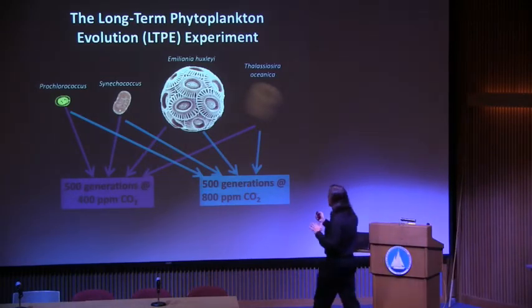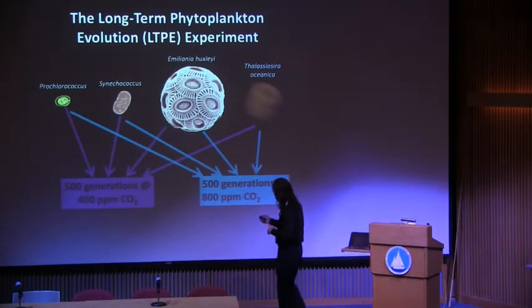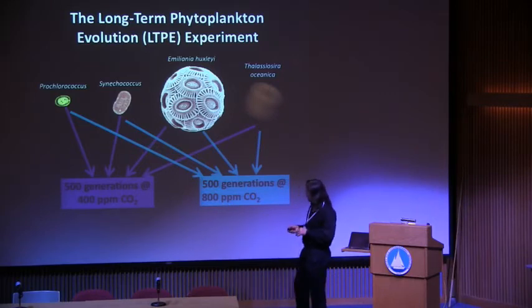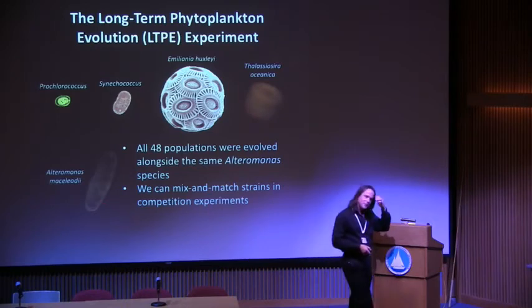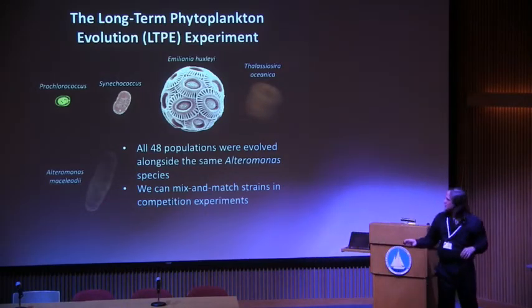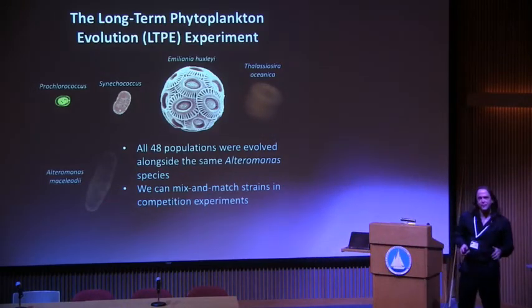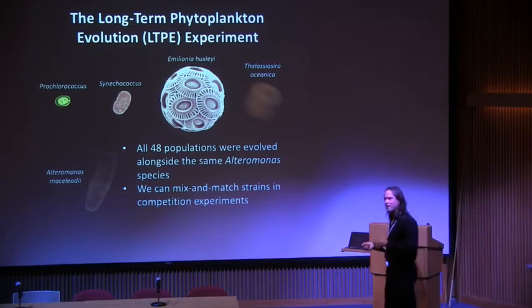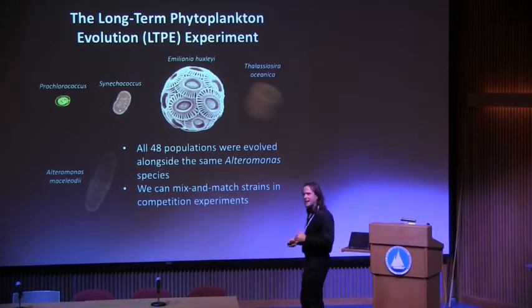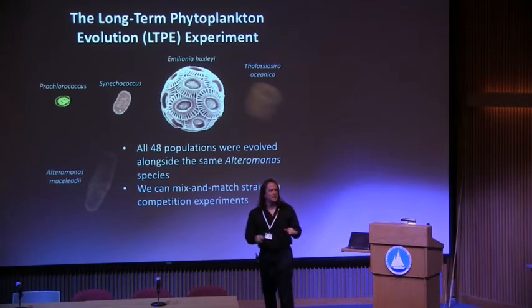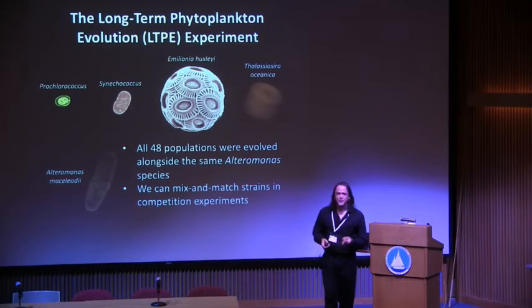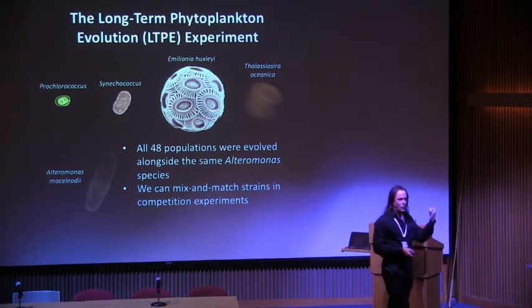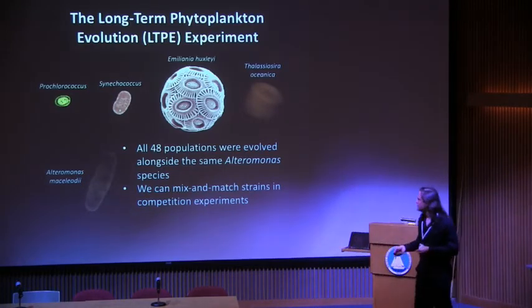What I really wasn't thinking too much about when we started this was the fact that we also grew them all with Alteromonas in there, and the reason we did that was because we couldn't get Prochlorococcus to survive in the medium without adding these bacteria. We decided to keep everything as constant as possible across all the lines. So we just grew all 4 of these as a defined community containing 1 phytoplankton and 1 bacterium.